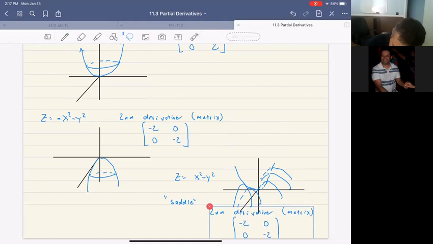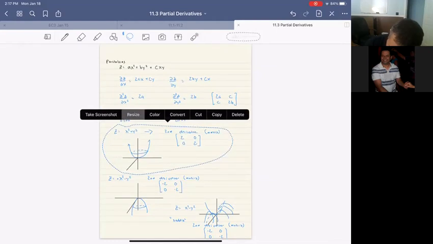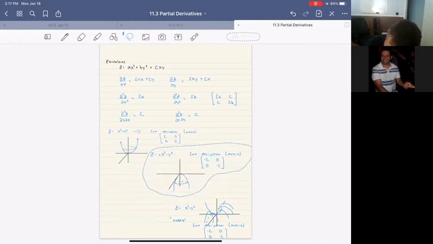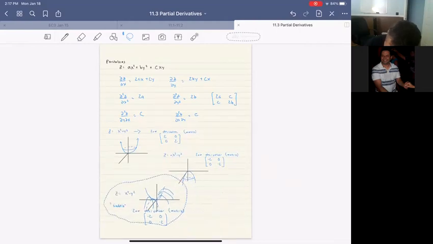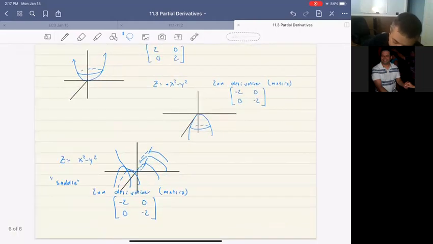And our second derivative matrix here, let me actually move this over. Let me make some of this a little smaller. There we go.